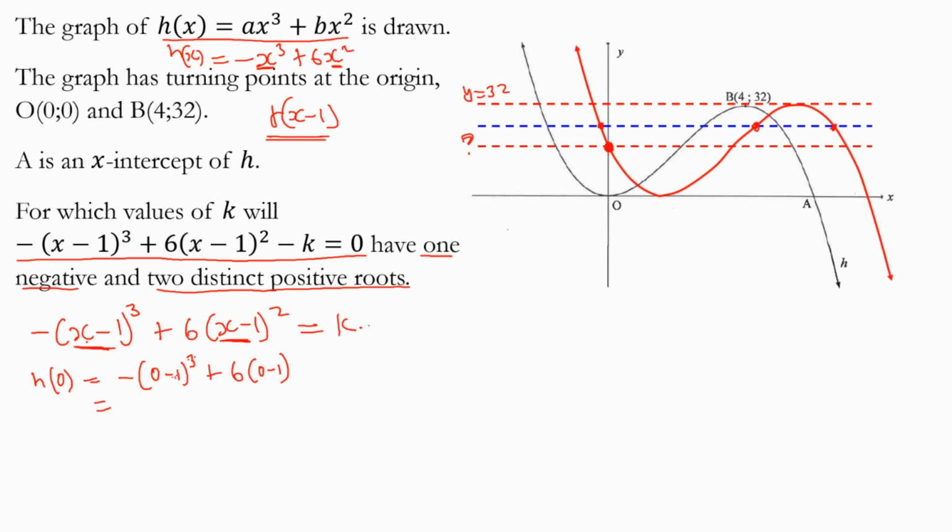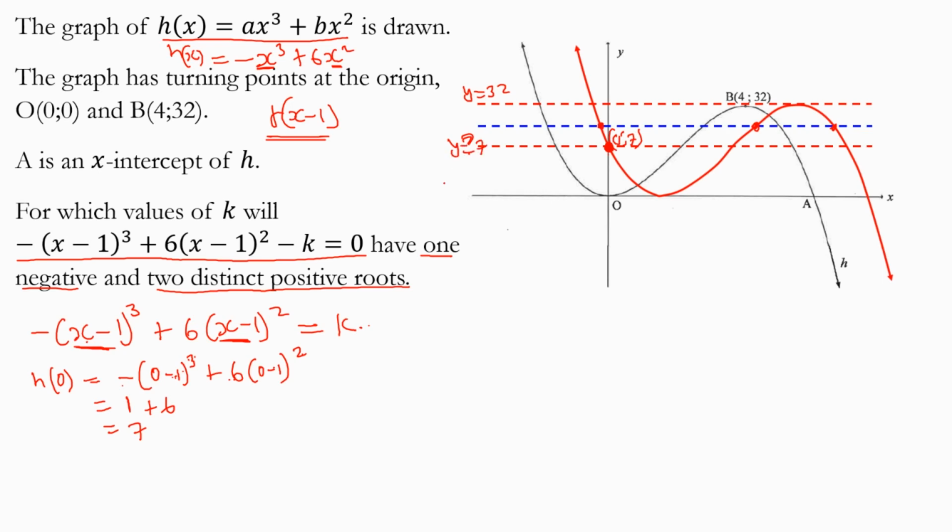Negative 1 cubed is negative 1, and negative 1 times negative 1 is positive 1. Negative 1 squared is 1, and 1 times 6 is 6, so this means there is 7. So this point here is (0, 7), meaning that here y is equal to 7.